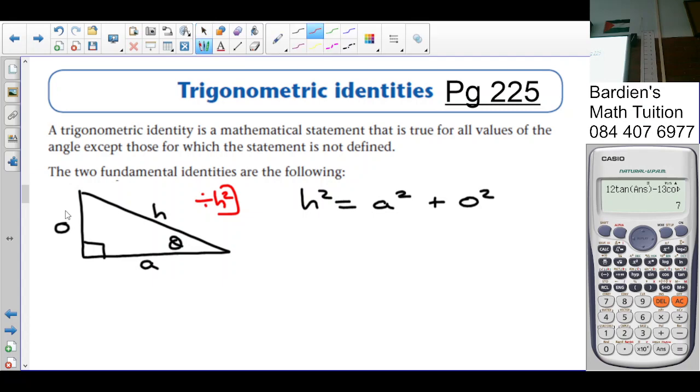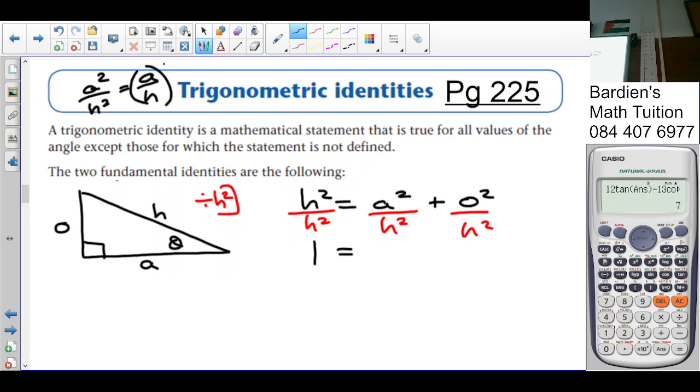This will be over h squared, that will be over h squared, that will be over h squared. H squared over h squared is 1 equals a squared over h squared, which is the same as a over h all squared. Likewise, O squared over h squared is the same as O over h all squared.